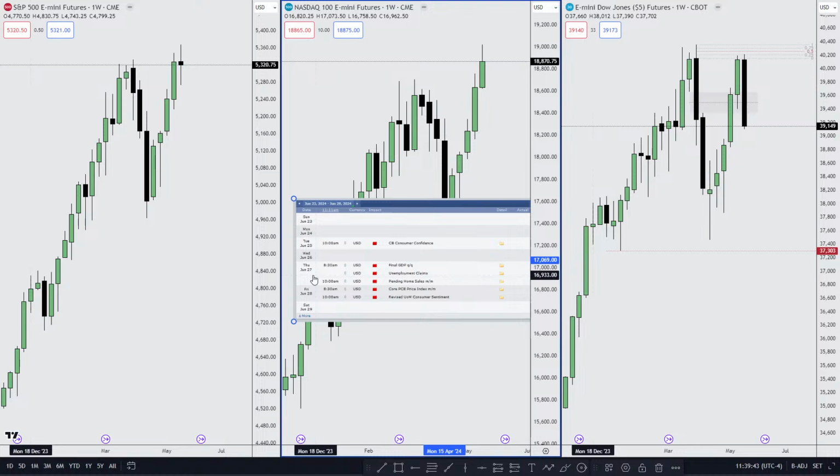I am expecting the high of the week to form on Tuesday. Why is that so? Because if we have a high impact news on Tuesday, usually that is the one that forms the high of the week.